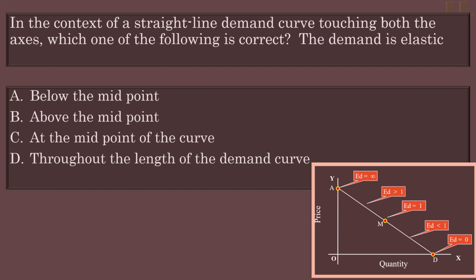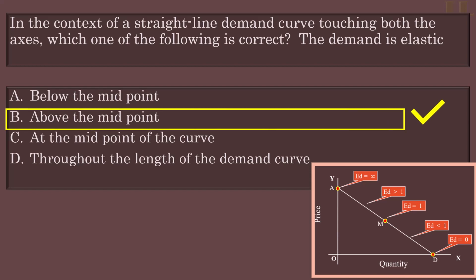Throughout the length of the demand curve, elasticity varies. So the correct option is above the midpoint. This is the correct answer. So above the midpoint, in the segment AM, the elasticity is greater than 1. Demand is elastic.